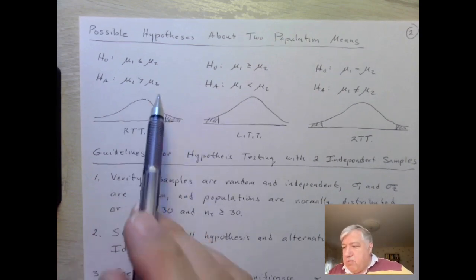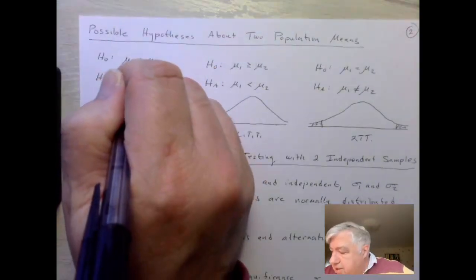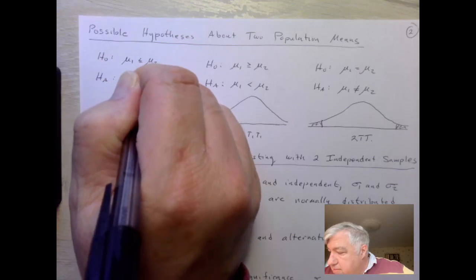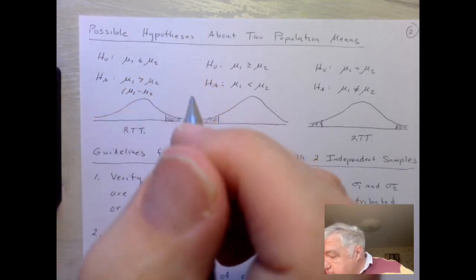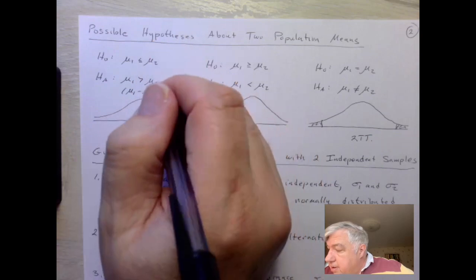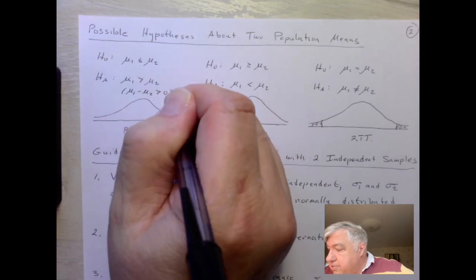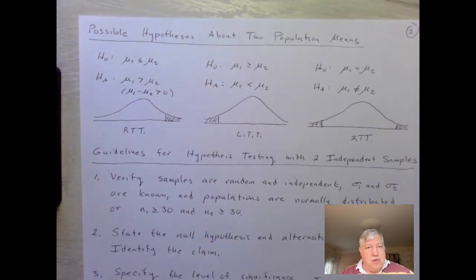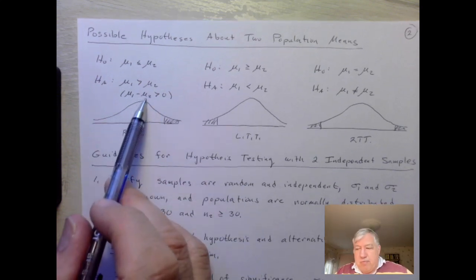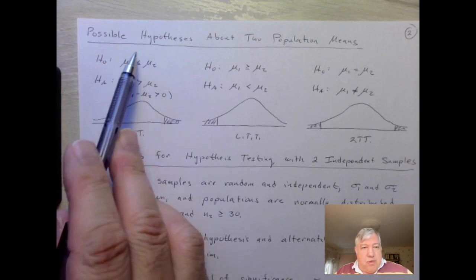And if you're not quite sure about how that works, you can just say mu1 minus mu2 is greater than 0. So you think about this difference, and this difference would be positive. So a positive difference would be unusual if we assume this is true.